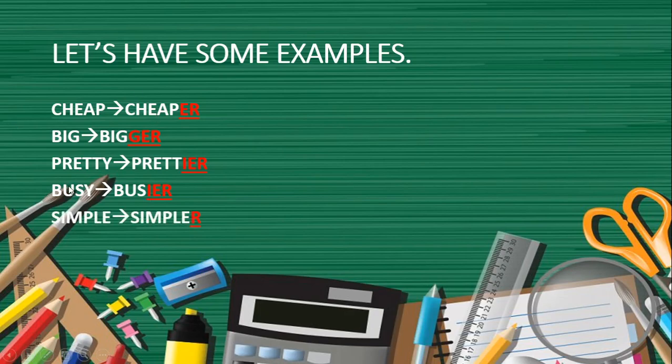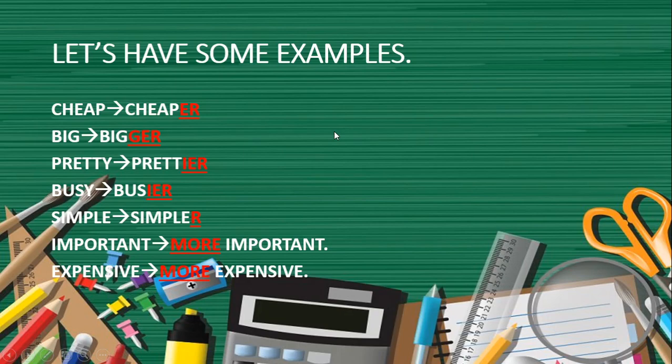And then I have simple, simpler. And then I have important. Important is an adjective that has three syllables. In, port, tant, three sounds. So that means that I just need to add more before the adjective. And what is the comparative form of important? More important. Simple as that.